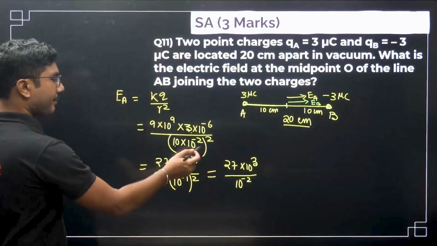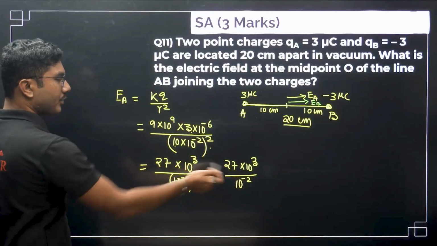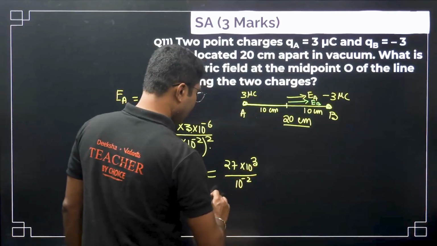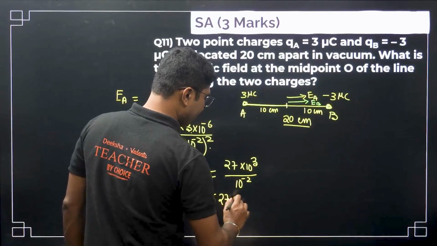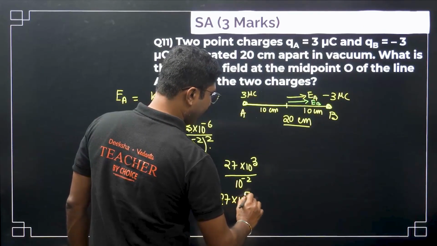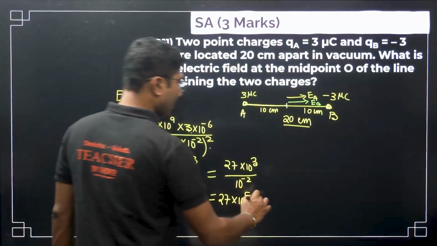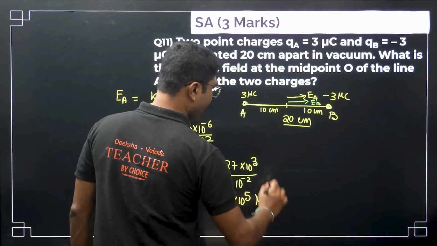The square part we have done at the last. Now 10 to the power of minus 2, when it goes up it becomes plus, so it will be 27 into 10 to the power of 5. 27 into 10 to the power of 5 Newton per Coulomb. Unit is very, very important.